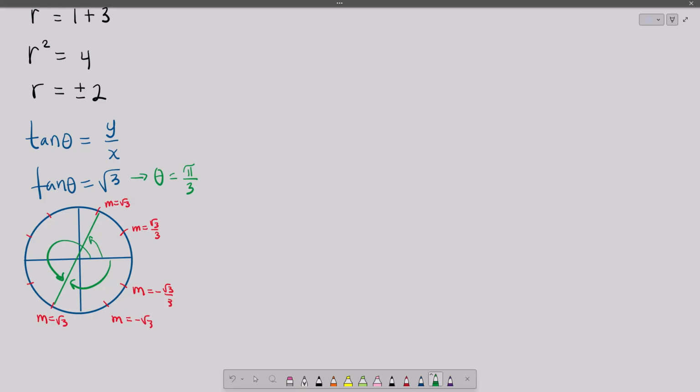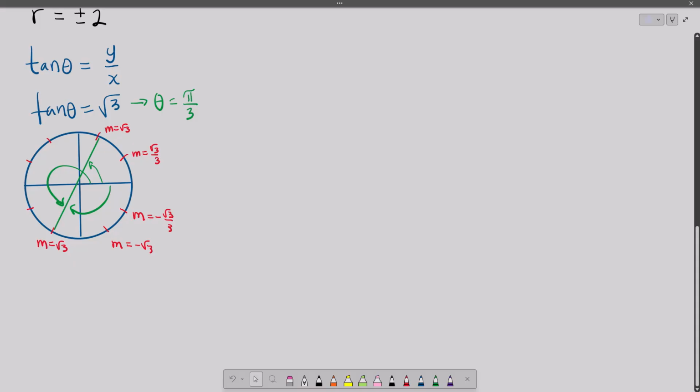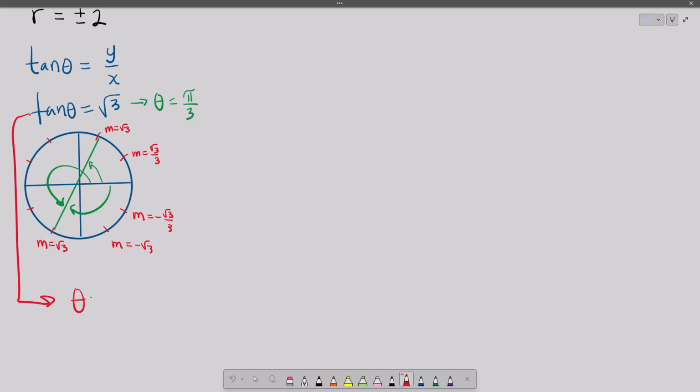Now, let me just point out one thing, because a lot of you may be inclined just to write this, which is not bad, but we've got to be a little bit careful. You may be inclined to write this. And that is true. Let me just point out the difference, though.